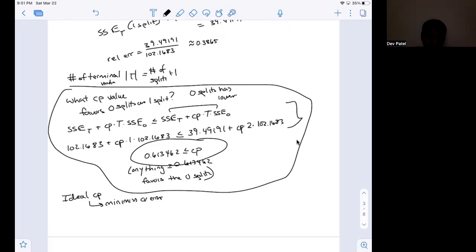And so after doing this, you can create a table in which, if the complexity parameter is this, then this tree will be preferred and this tree will be pruned.